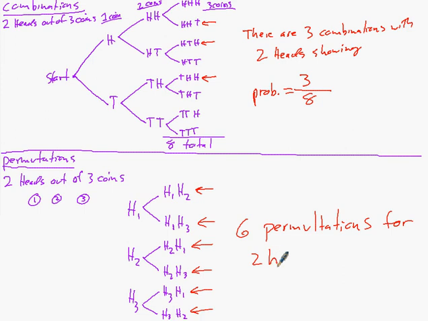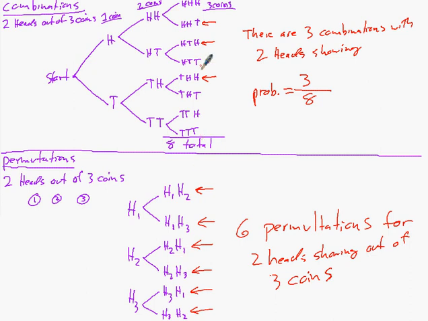For 2 heads showing out of 3 coins, you can see the difference between permutations and combinations is that in permutations, each coin is individual, and we have to keep track of whether this coin is coin 1 or coin 2 or coin 3.